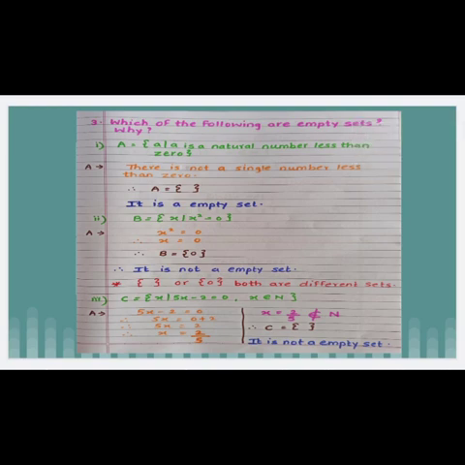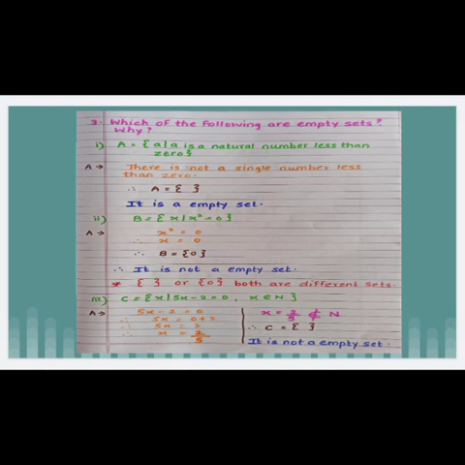Therefore 5x is equal to, this minus 2 shifted to opposite side, it becomes plus. Hence 5x is equal to 0 plus 2. So next step we write, therefore 5x is equal to 2. 0 plus 2 is 2.